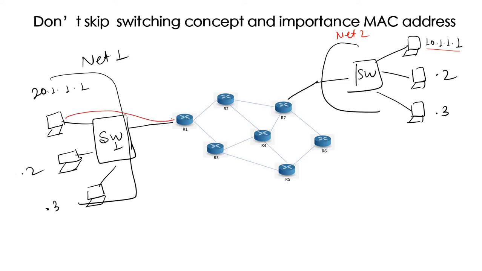This is the default router, default gateway. So it will reach the default router, that is router 1. And if router 1 has the routing entry in the routing table regarding 10.1.1.0, it will send to R2 and then R7, and then the IP packet will be delivered, right?